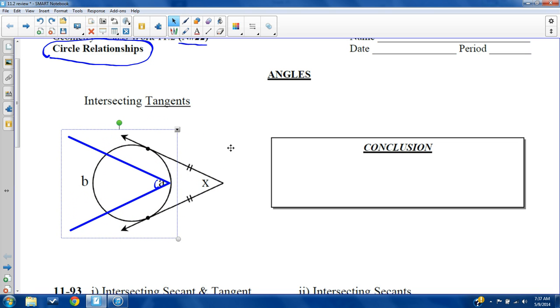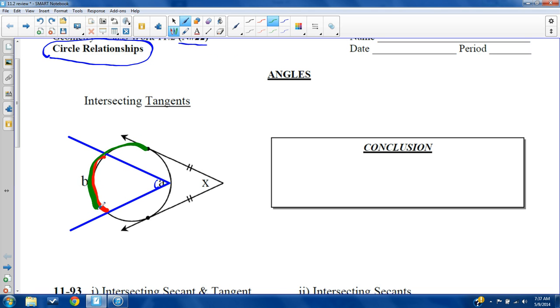If I make it an inscribed angle, as in the vertex touches the circle instead, you get this intercepted arc. I'll draw it red. Now this intercepted arc is not B, by the way. B is this entire green part right here. And the question is, what's the red?